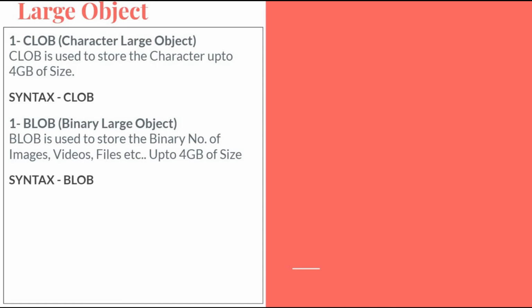Let's take the example of a mobile. We have a front selfie camera and a back camera. My front camera is 24 megapixel, so it creates 24 megapixels, meaning each and every pixel has some size, some bytes.